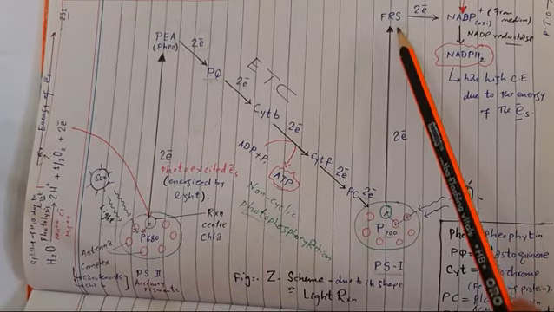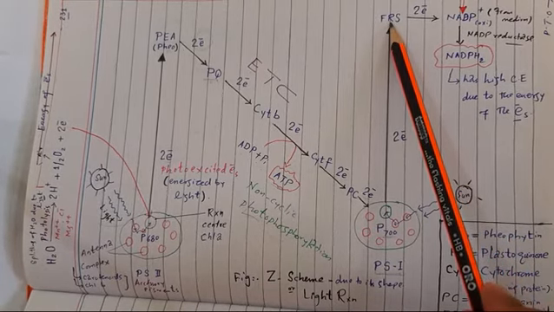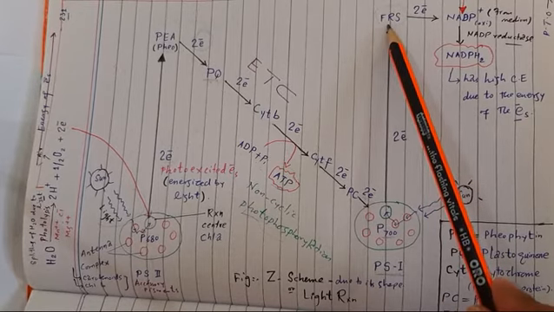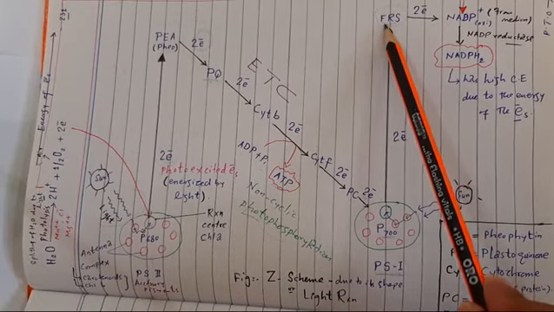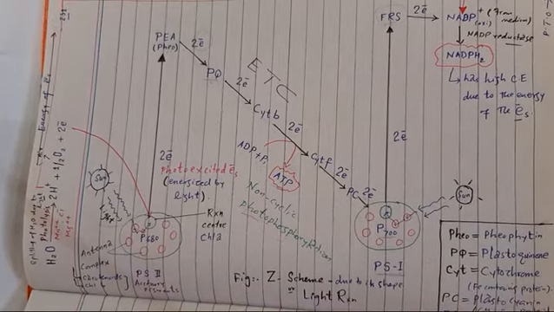These electrons are received by the primary electron acceptor of Photosystem 1, known as FRS, which stands for ferredoxin reducing substance.